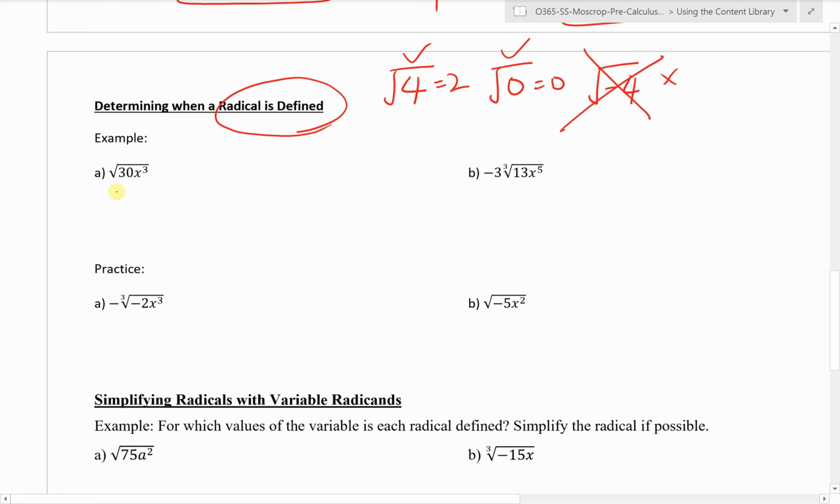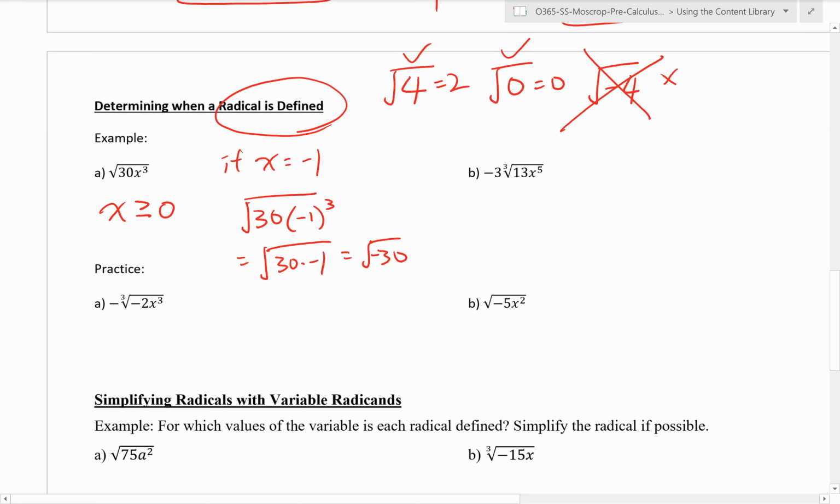So what I'm saying here is that for this radical to be defined, x has to be greater than or equal to 0. Again, I'll give you an example. Let's say x equals -1, then this becomes the square root of 30 times -1 cubed, which is 30 times -1, which is the square root of -30.